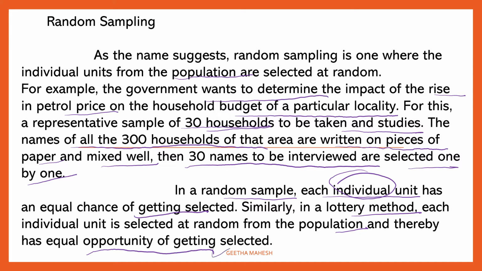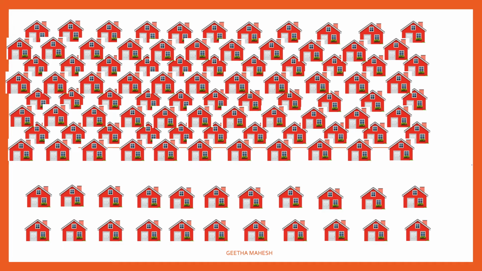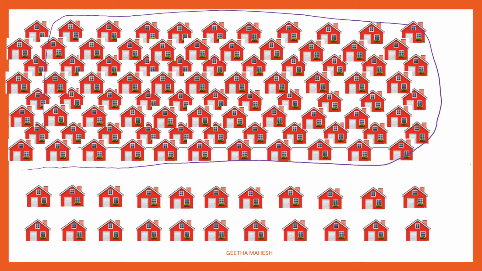So here you can see, dear students, there are 300 houses and we need to select only 30 houses for sampling purposes or for conducting a survey. So randomly we are going to select. How are we going to select? We are going to use a lottery system.